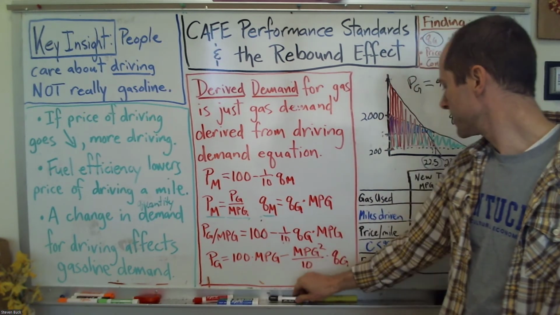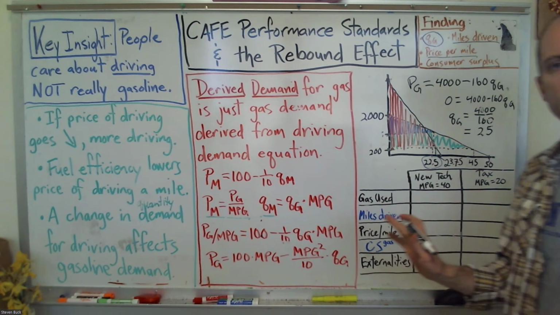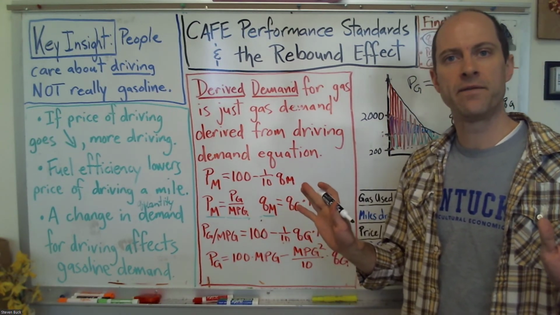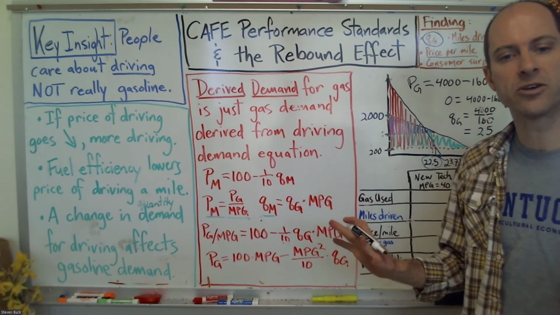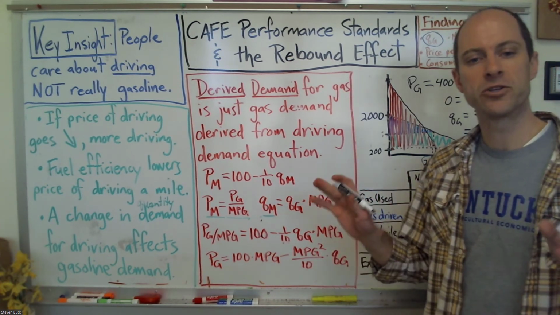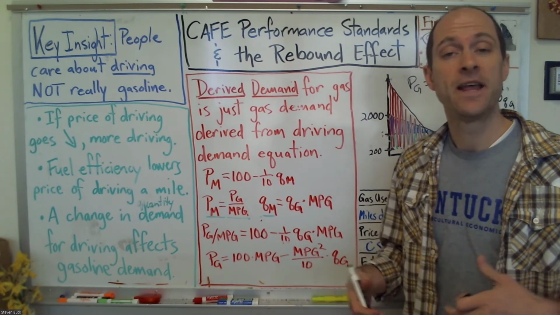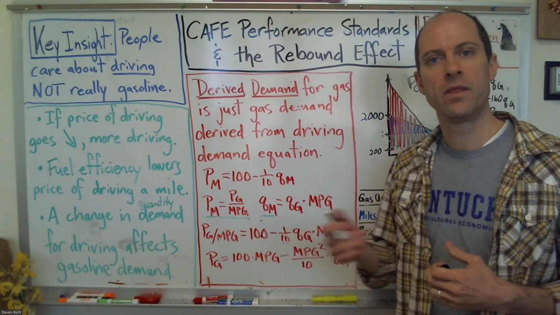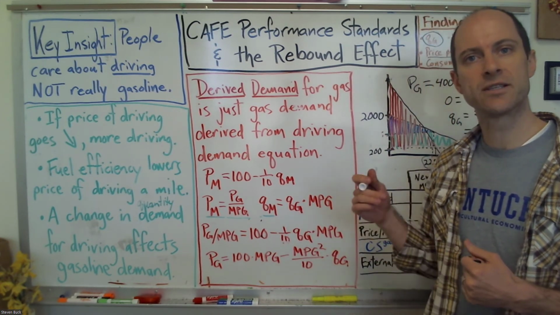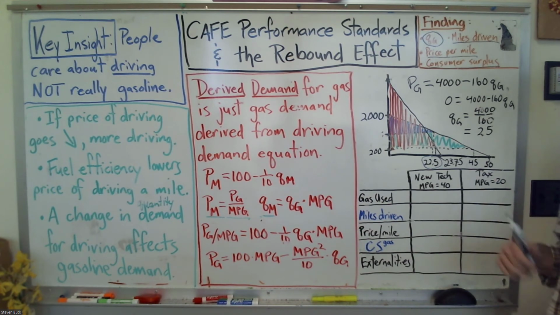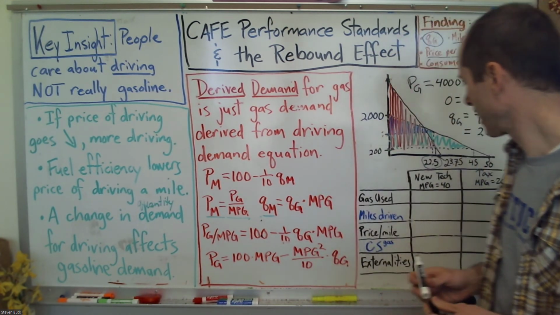Finally, let's look at this table to think about, let's put the math aside, let's see if the differences in gasoline used, miles driven, price per mile, consumer surplus, and externalities between the new technology with 40 miles per gallon versus what's delivered under a tax, if it accords with our intuition.